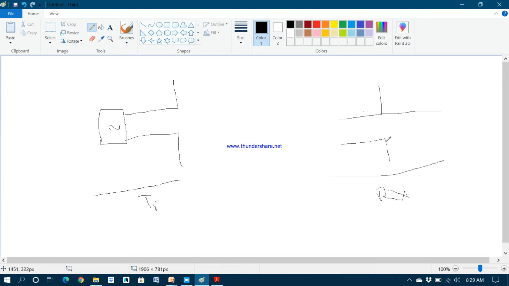Sorry, this is not right, I will erase. The same dipole structure and the same center fed source again at the receiver.